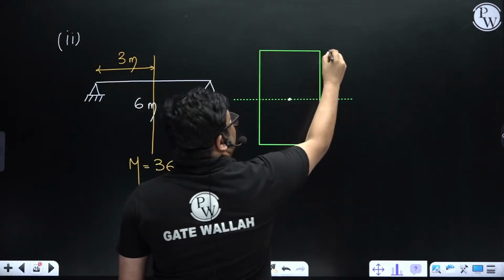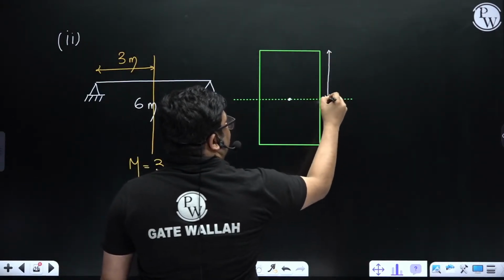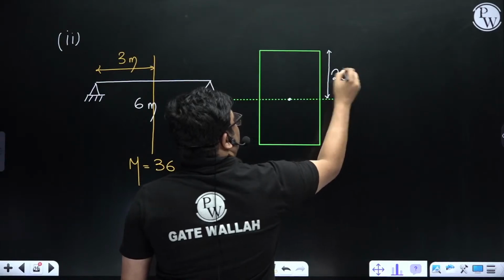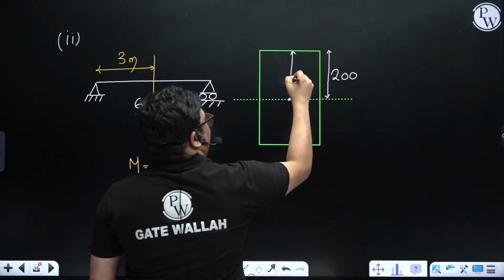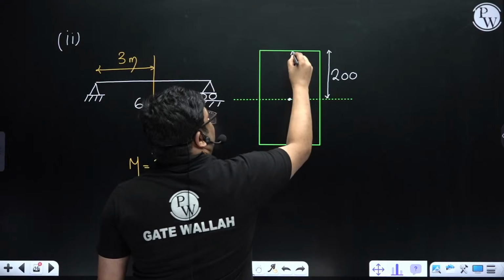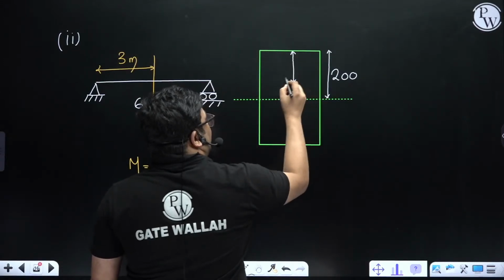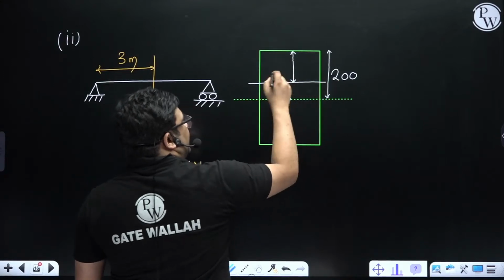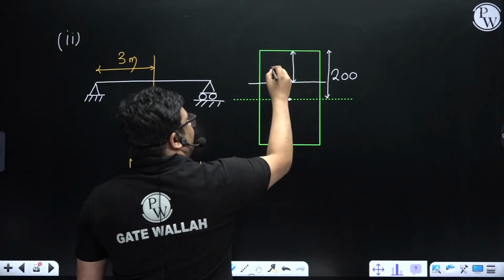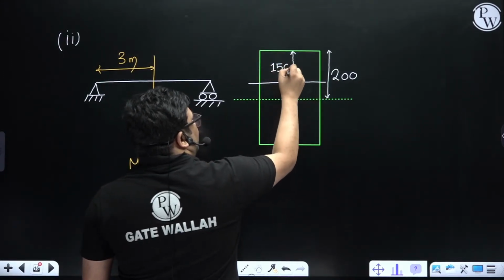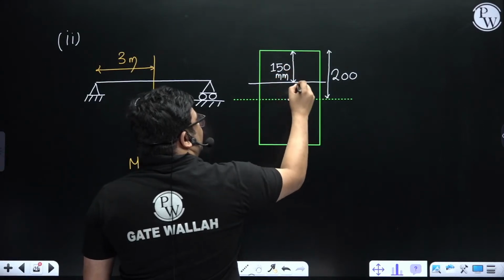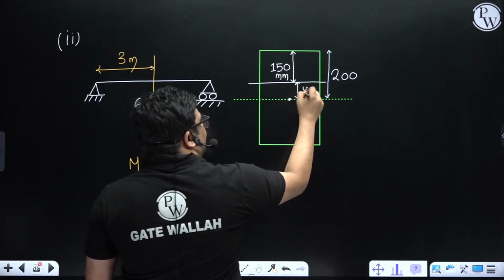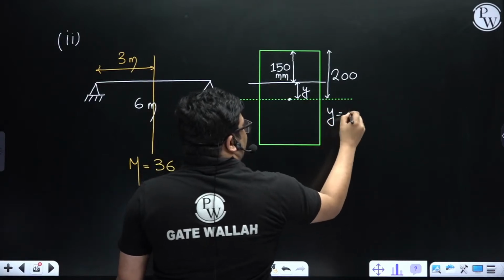This total is 200, so 150 from top is somewhere here, at this level. Therefore this will be y, and clearly from here, y is 50.